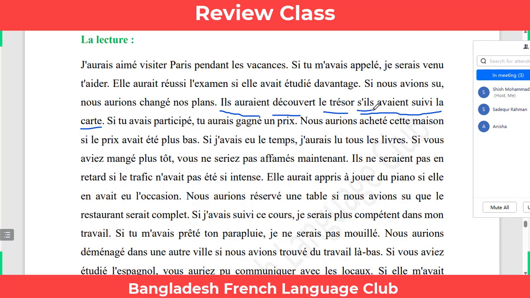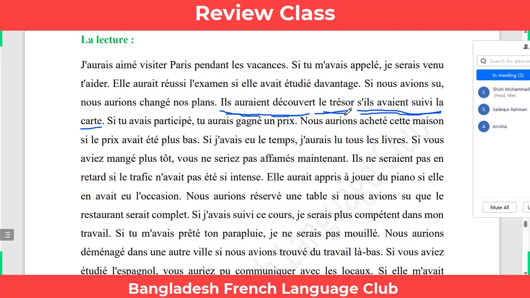We can say the second one at the beginning and the first one second. So s'ils avaient suivi la carte, if they had followed the map, then they would have discovered le trésor.